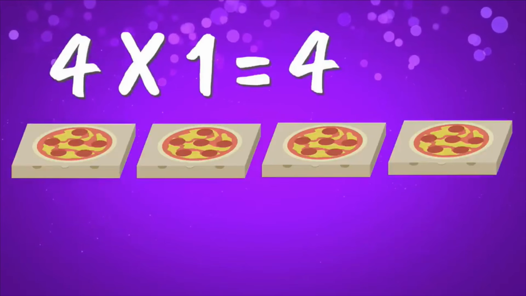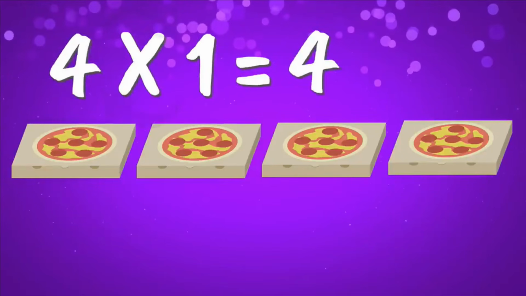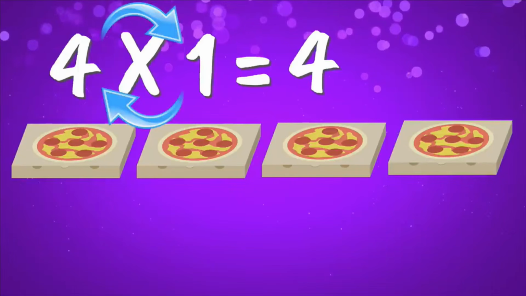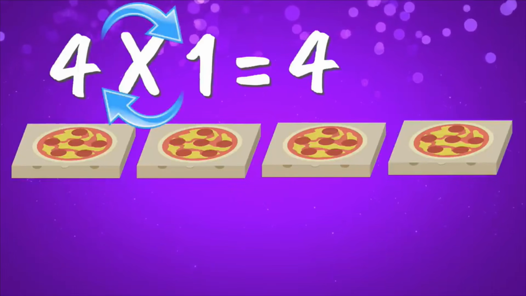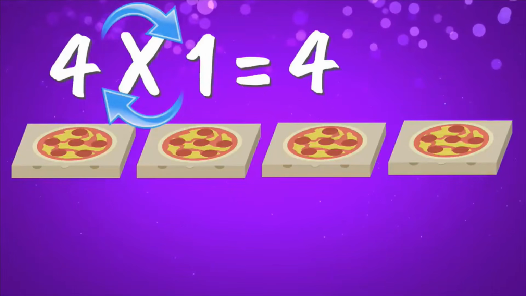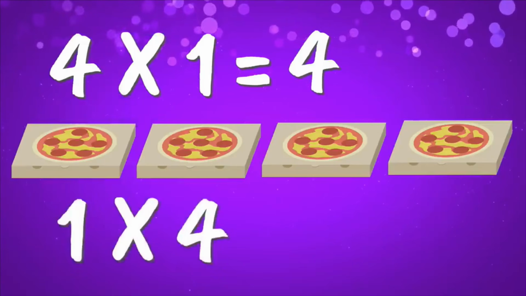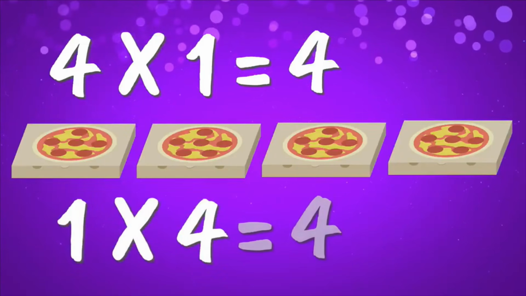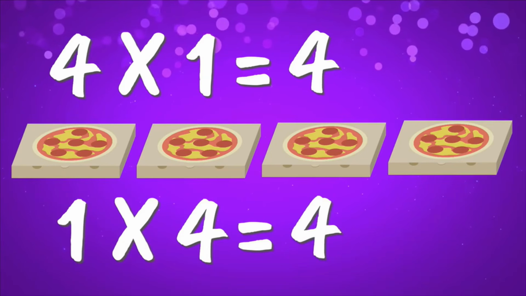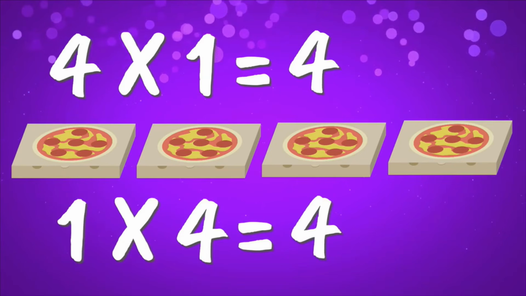So you have 4 pizzas. Now, if you flip the order and switch the 1 and 4, the answer is the same. This is the same as if you multiplied 1 pizza 4 times. That would be 1 times 4 equals 4. Both work. You can flip these numbers in multiplication, and the answer stays the same.